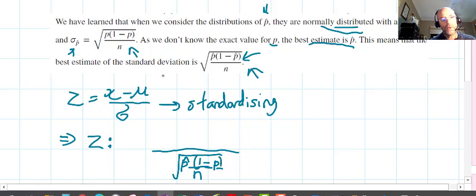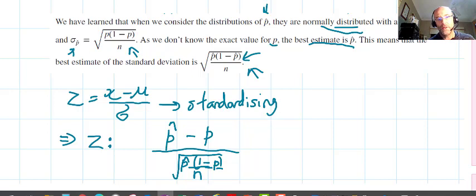And on the top, instead of score minus mu, we've got the sample proportion minus the population proportion. So we're just replacing them with corresponding aspects of the model that we've been using.